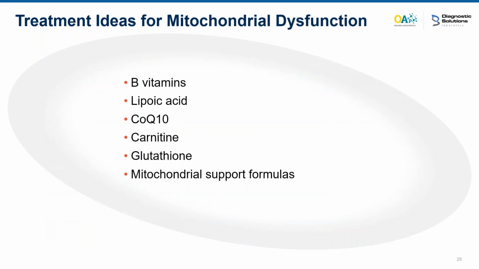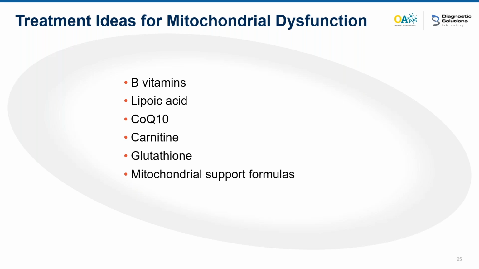And here we have a young lady with mitochondrial dysfunction. What are the treatments? B vitamins, lipoic acid, CoQ10, carnitine, glutathione, of course, is wonderful for nourishing mitochondria. I don't know the full spectrum of our audience today, how many of you are really advanced in this versus those who are beginners.